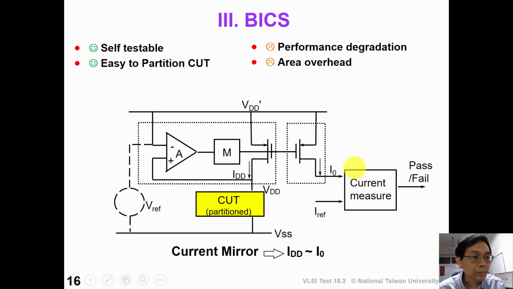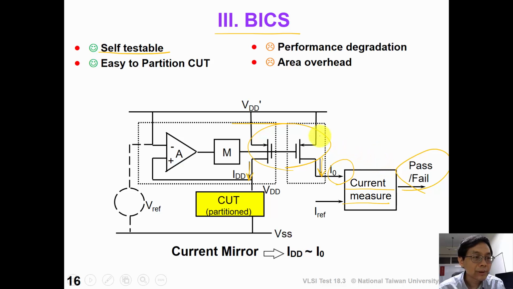If we use a built-in current sensor, we can have a self-test capability. As shown in this figure, we can implement a current mirror to measure the IDDQ current. So I0 is approximately the same as IDD, and we can have an on-chip current measurement circuit. If the current is low, it passes the test.